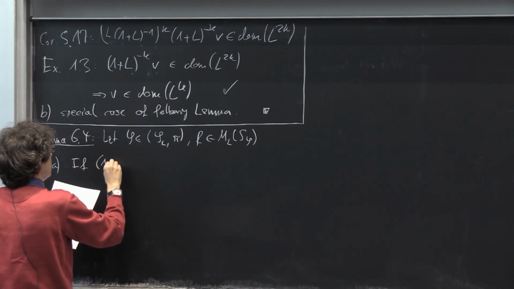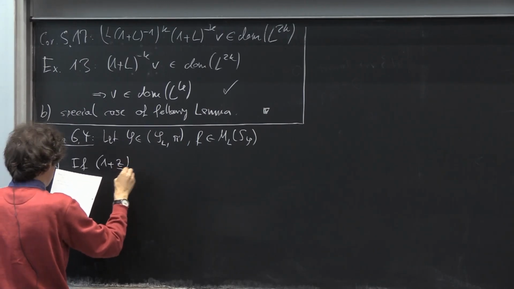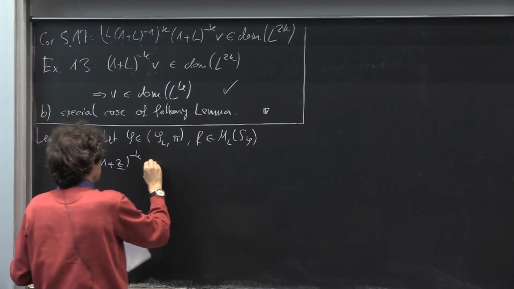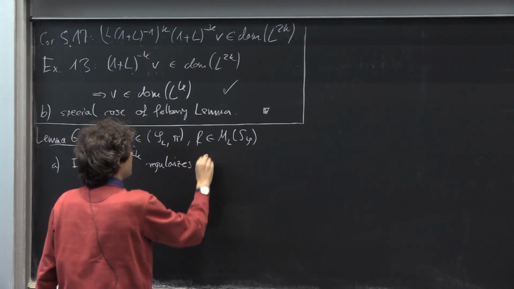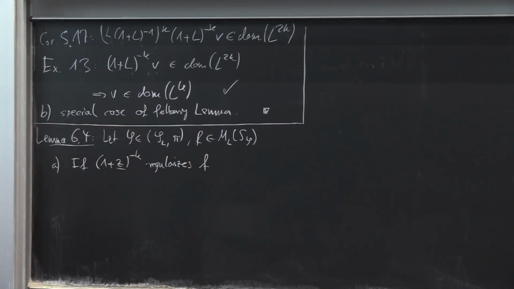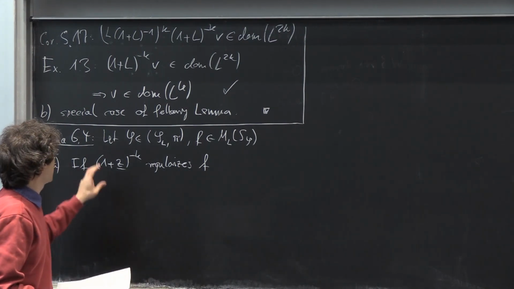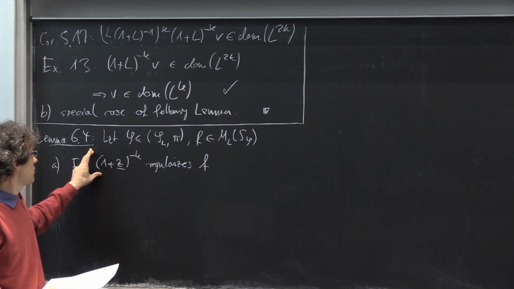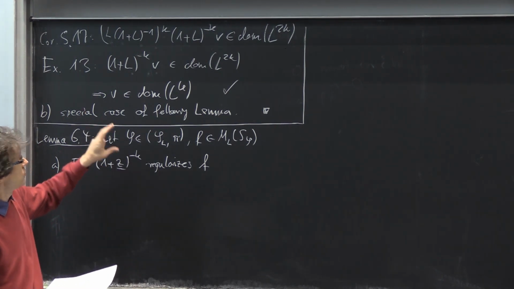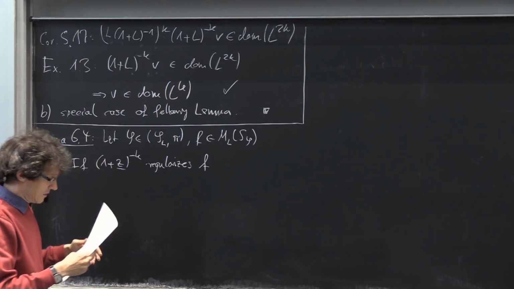So if (1 plus z) to the minus k regularizes f, so you do not get it for every regularizable function, but you will see in the proof it depends very much on having these special regularizers, but every function that you can regularize with this one or with the injective one will get this result.